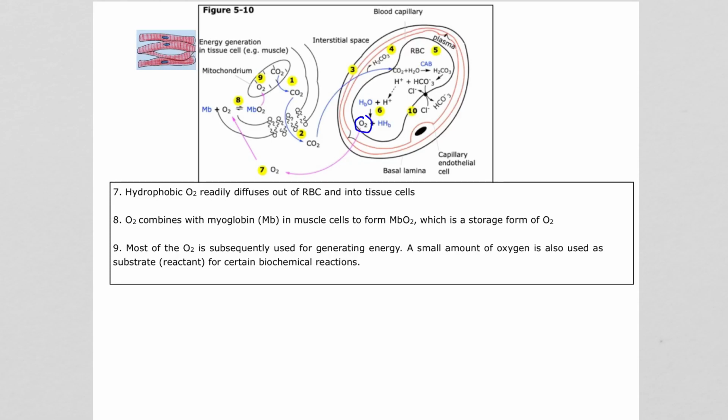Oxygen is also a hydrophobic gas. It will readily diffuse out of the red blood cell, get into the interstitial space, and then easily cross the plasma membrane of the tissue cells, such as the muscle cell. Once in the muscle cell, the oxygen could combine with myoglobin to form oxymyoglobin.